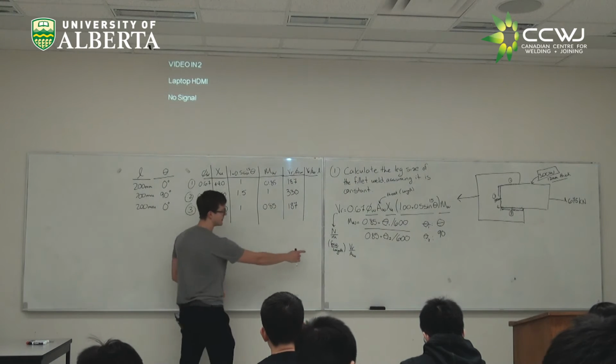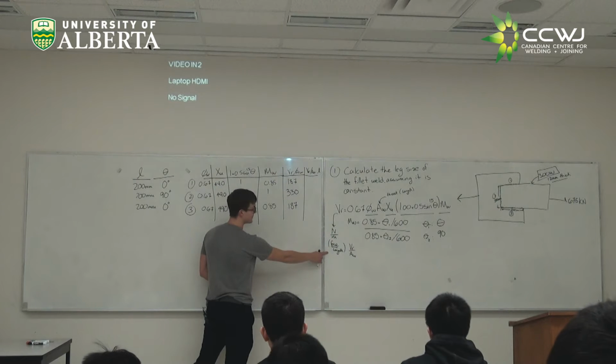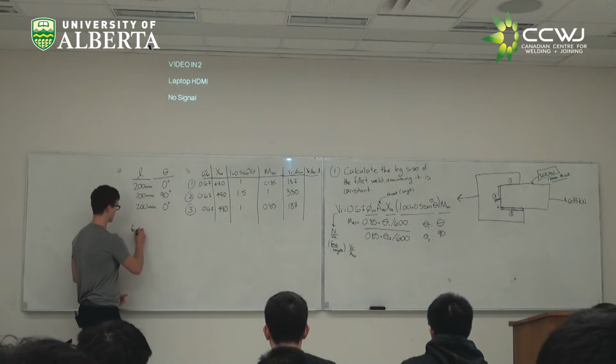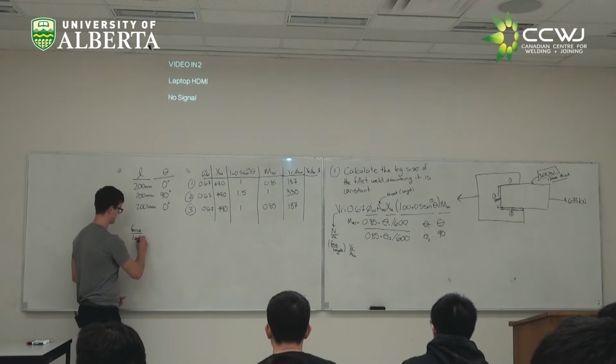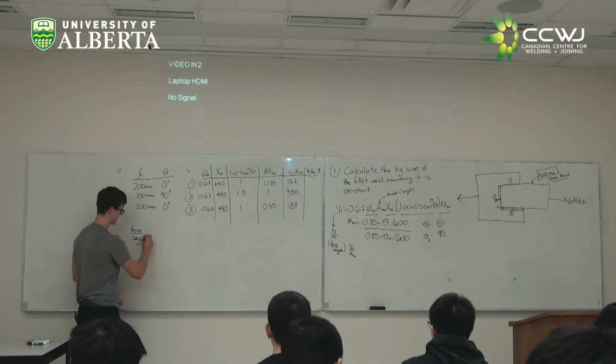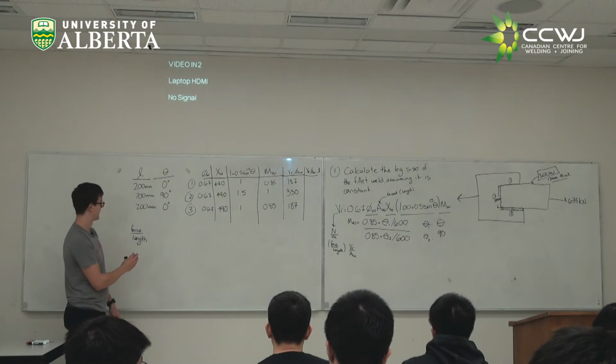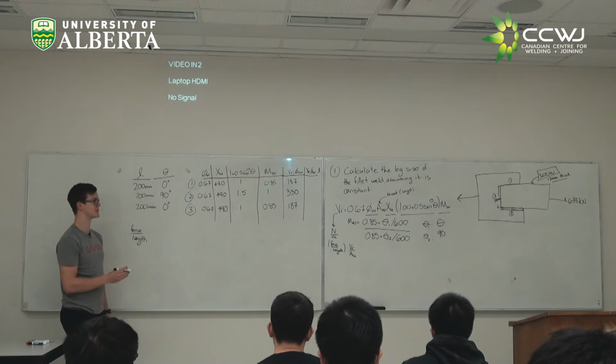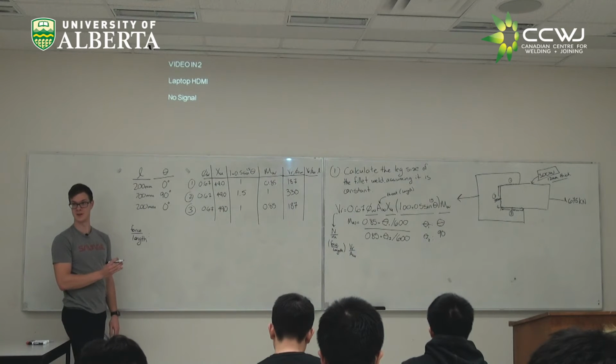So we said our VR over AW is a force per length. So if we have a force per length, we need to somehow compare this to a force that we've been given, right?